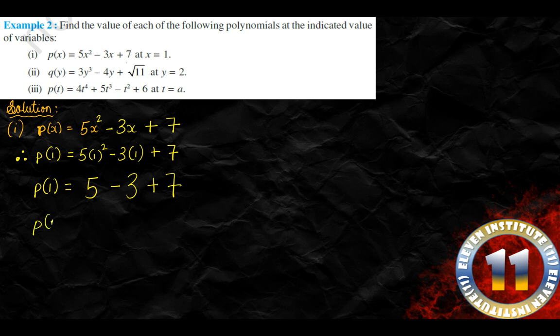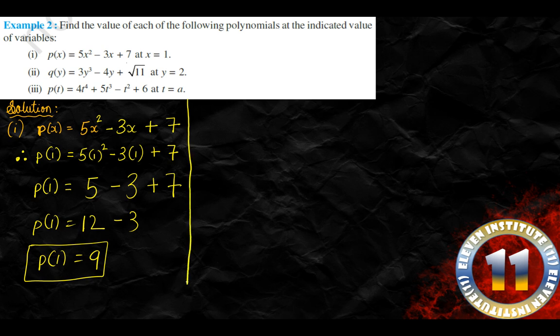So we can write p1 is equal to 12, અને આવડું આ -3 as it is. So when you subtract this, 12 minus 3, we get the answer 9. So we get p of 1 is equal to 9. I hope this is quite clear to you and you don't face any problems. Let us now see the solution of second one.